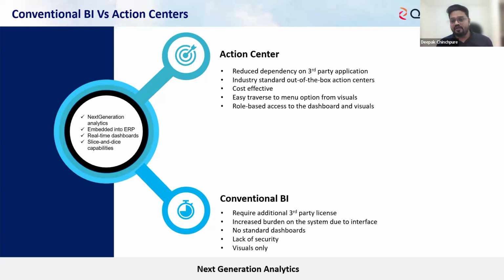Whereas with QAD, with Action Center, whatever roles are available in the system, those roles are based on segregation of duties. We can use those roles, and we can enhance them, meaning we can additionally give read, write, delete, and other permissions to my visuals, which automatically get inherited into an Action Center. We are going to see that as well.